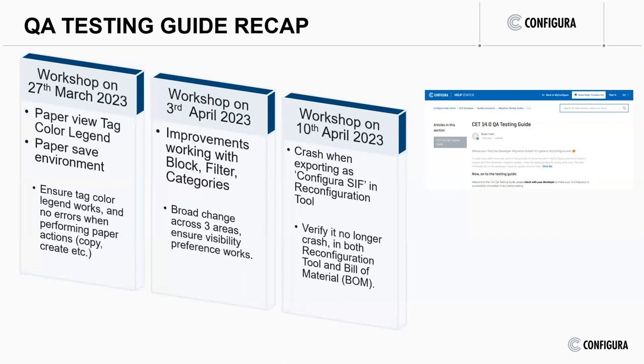Now this is fixed and it will only hide the correct component or symbol in the block itself. This covers broad changes across the model space and also the paper space, to ensure the visibility preference works in all these areas.